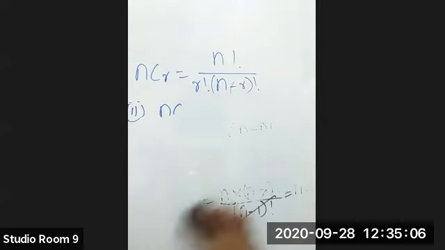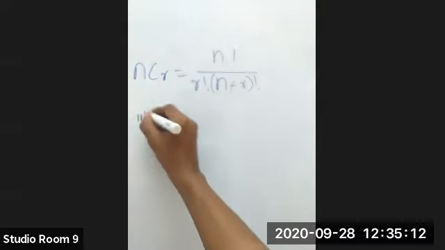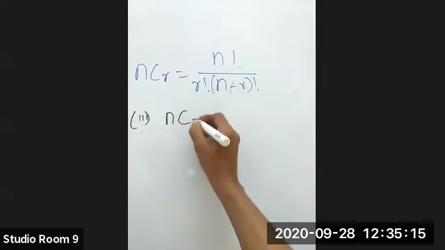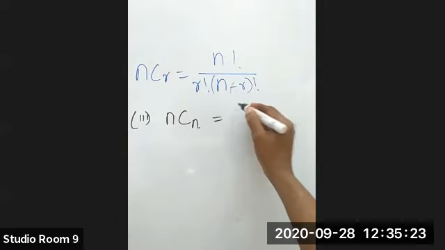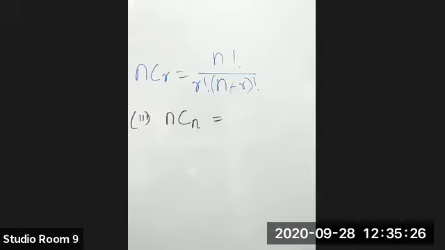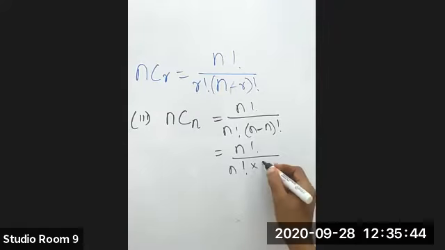Okay, the next one. What is NCN? Third one. What is NCN? Nandana, can you apply this one? NCN is n factorial by n factorial into n minus n factorial, which is same as n factorial by n factorial into 0 factorial. 0 factorial is 1.